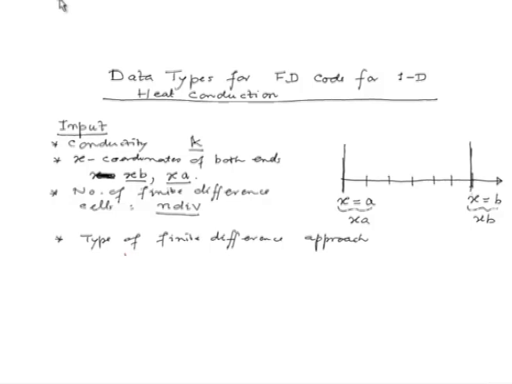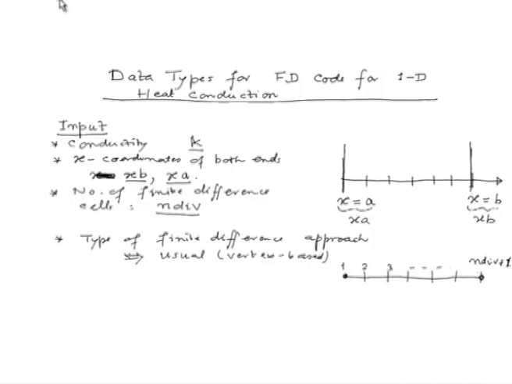That is, we are dealing with the usual vertex based approach, wherein if there are n div number of divisions, the total number of nodes will be 1, 2, 3 and so on, up to n div plus 1.